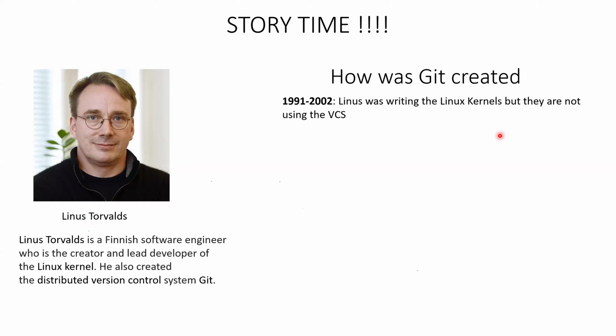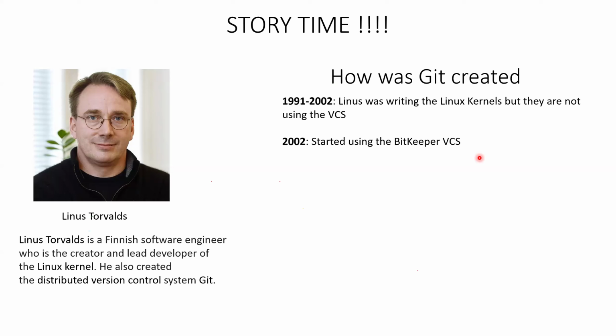When they reached 2002, Linux was now a huge thing, and people were facing difficulties rolling back to a previous version or maintaining the whole code and the whole project. So they thought they required a version control system.